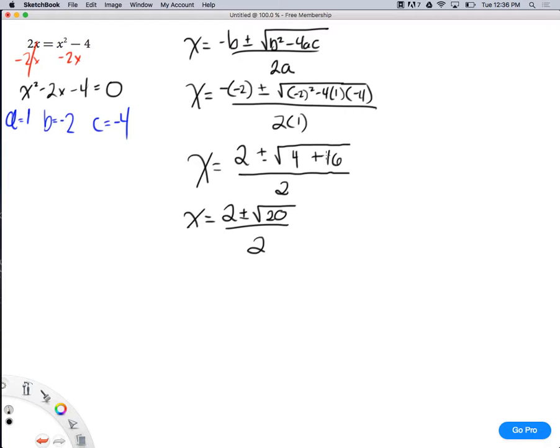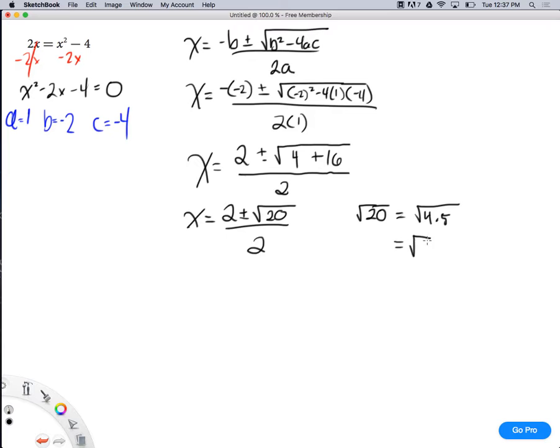What I have to try to do with it is simplify it. And in order to simplify this, I have to ask myself, are there any perfect squares that factor into 20? 4. Right? And so if you guys remember the product property of radicals, square root of 20 equals the square root of 4 times 5. And why did I do that?